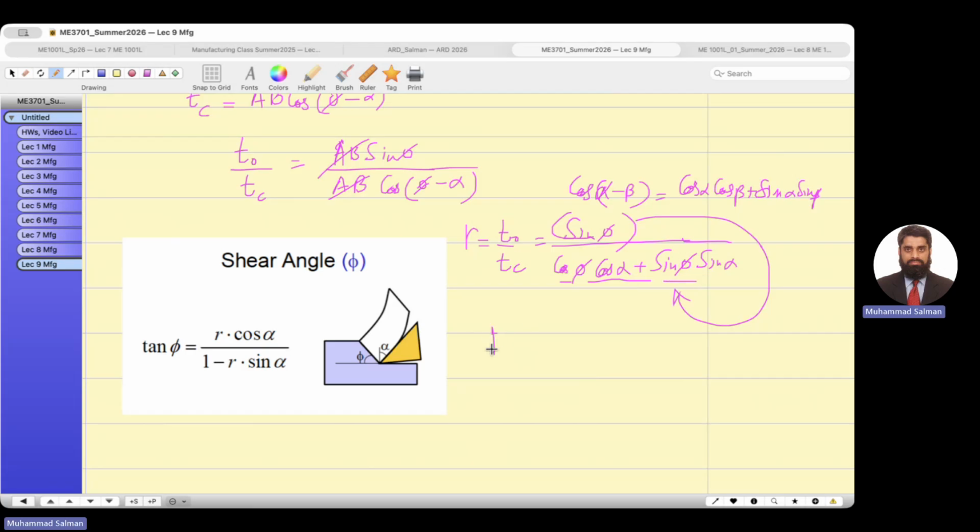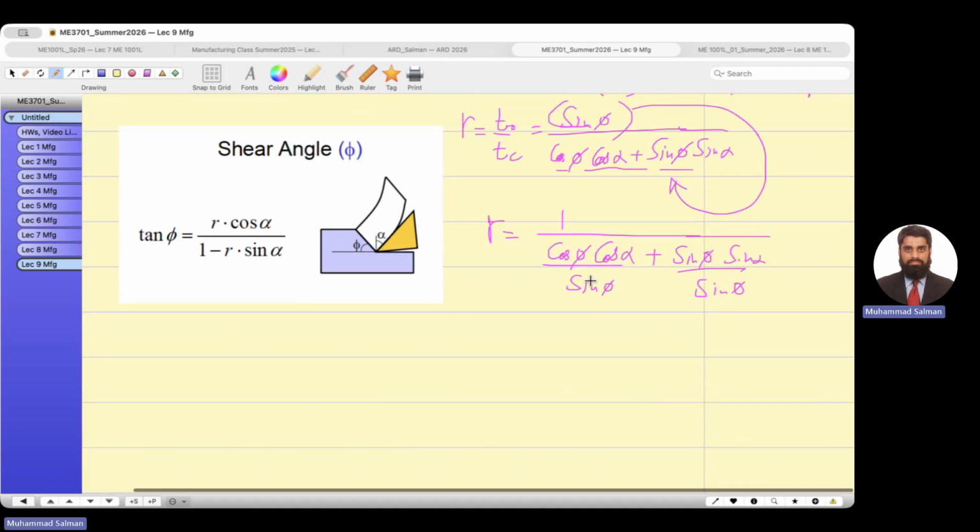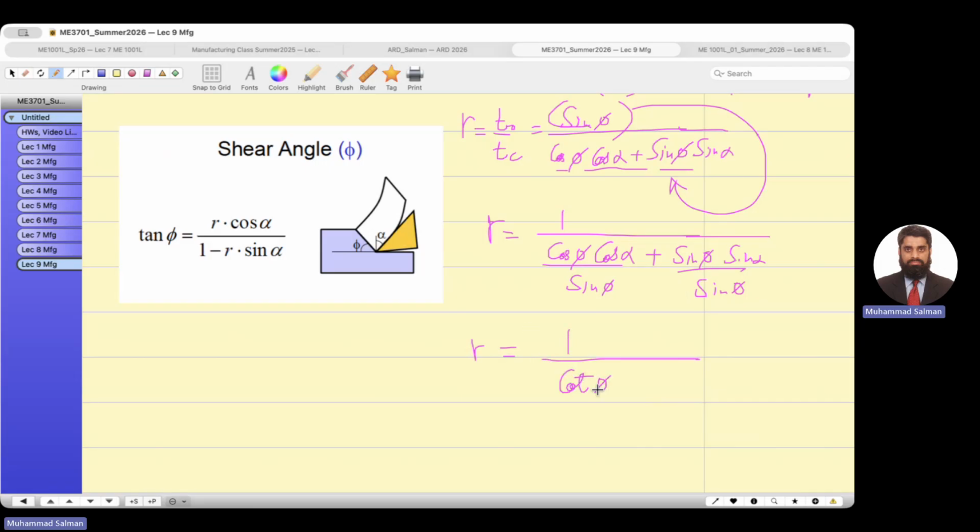So in the next step, I can write 1 over cosine phi cosine alpha over sine phi, plus sine phi sine alpha over sine phi. Let me write it completely so that you understand. The sine phi in the numerator is now in the denominator. So this becomes 1 over cot phi cos alpha. The sine phi is cancelled, so you're left with sine alpha. So we want to get this formula, okay?